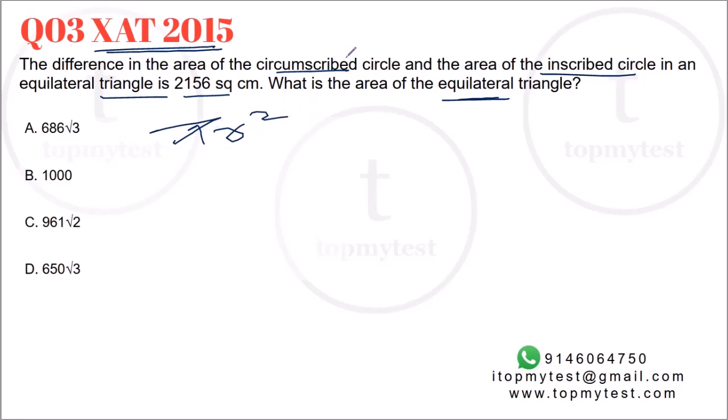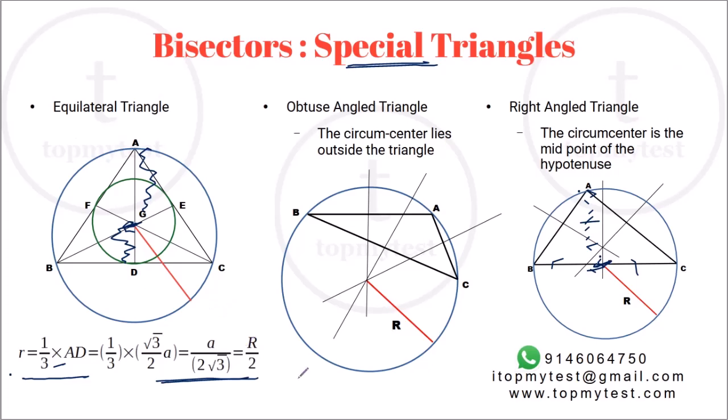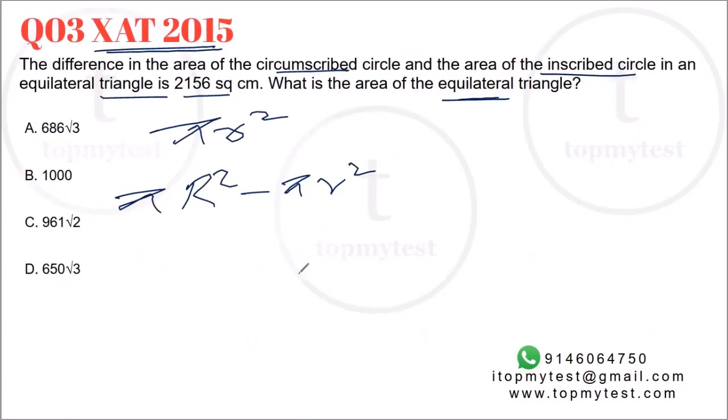Now, the circumscribed circle area will be pi into R square. The inscribed circle will be pi into small r square. Now, we know R is equal to twice of small r. So if you rewrite this, the difference will be equal to pi into 3r square, since 4r square minus r square is 3r square.